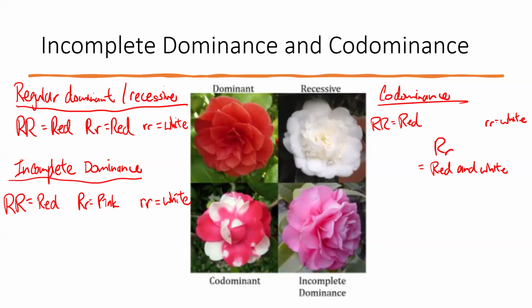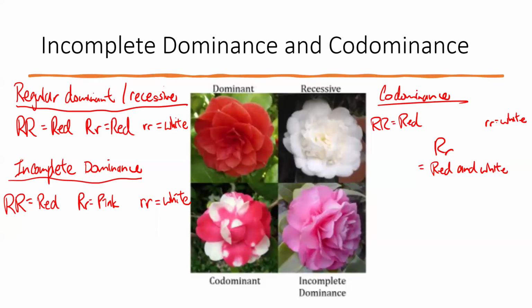So rather than a blend, both show up. Blood type is like that. If you get type A from one parent and type B from the other parent, what's your blood type? AB, right? It's not A, it's not B, it's AB. It's co-dominant. Both show up.